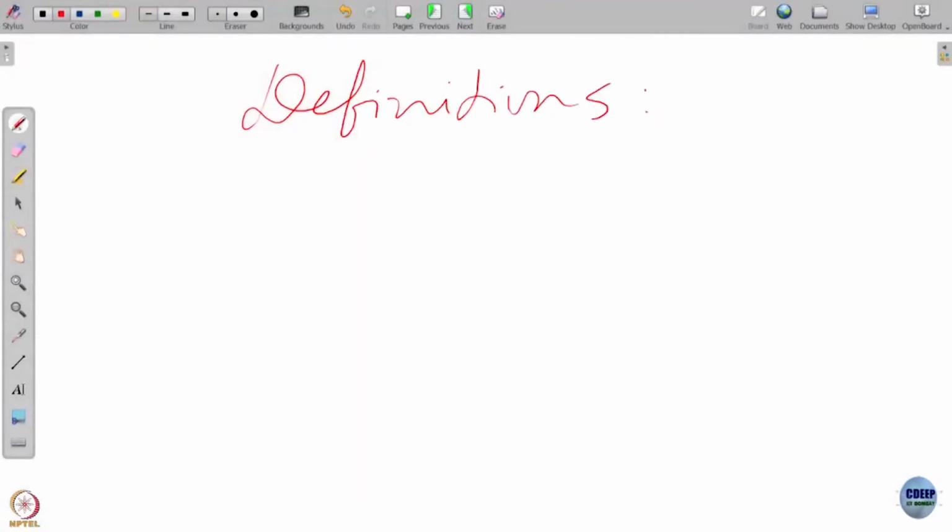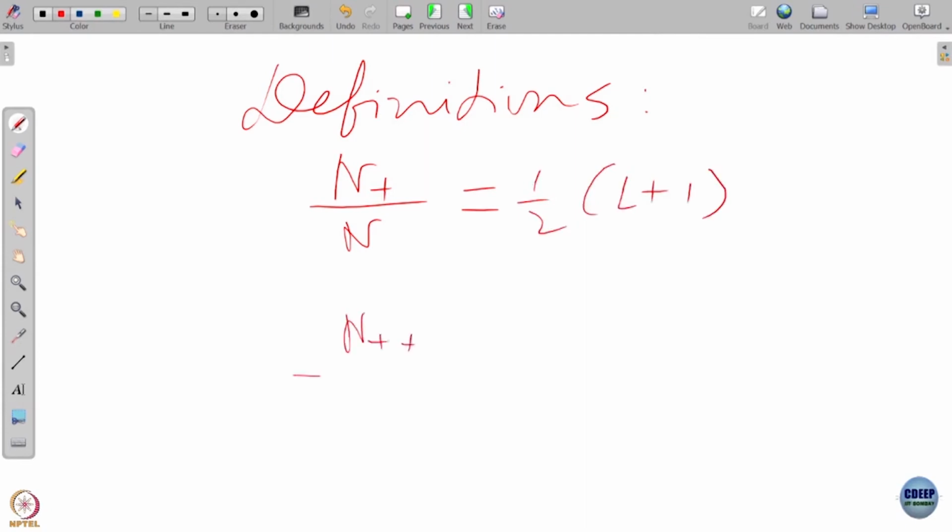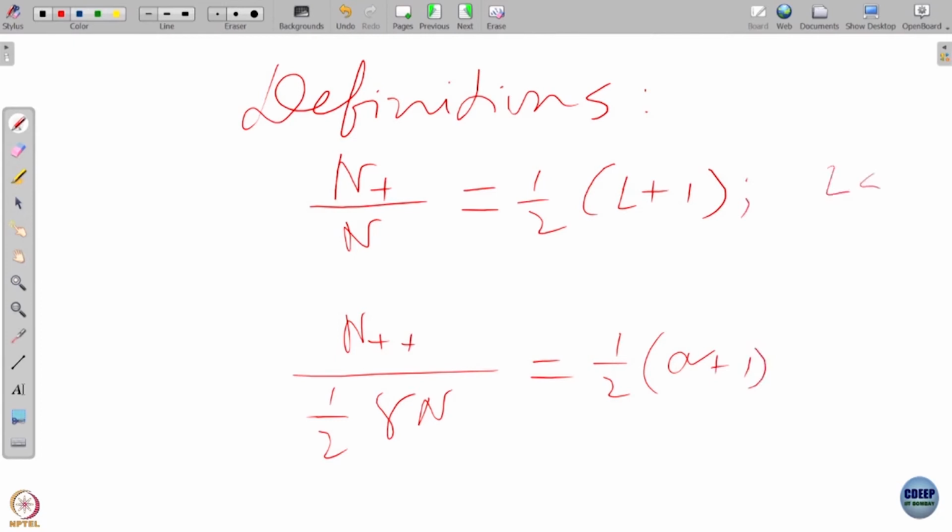Definitions, very nice definitions. The fraction of up spins and down spins. So, clearly you can see L is less than 1, greater than minus 1, sigma is less than 1, greater than minus 1.